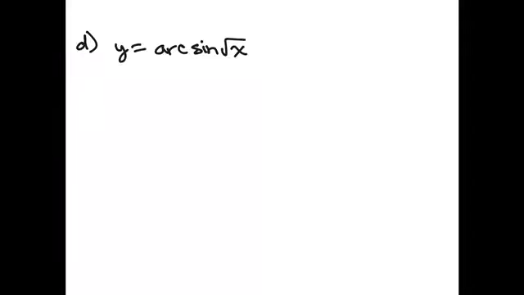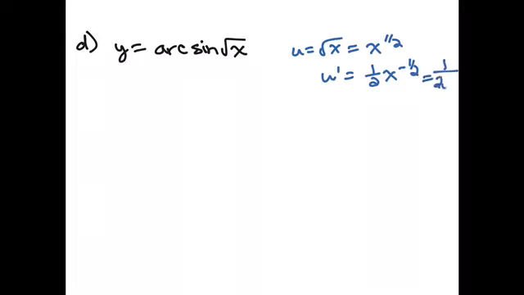Okay, I have y equals arc sine of the square root of x. So my u is the square root of x, which I can also write as x to the 1/2. So my u prime is 1/2 x to the -1/2, or 1 over 2 times the square root of x.